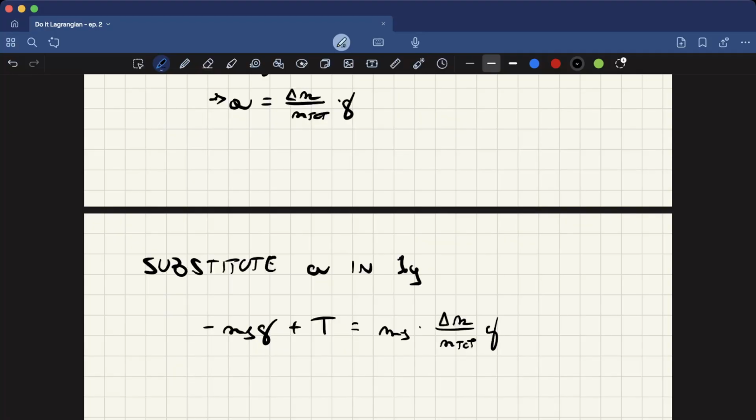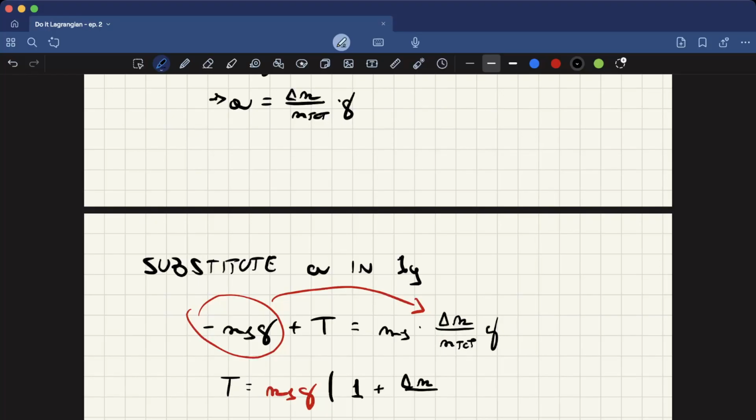So we can now isolate the tension, so T will be equal to, we are going to transport this term on the other side of the equation, and we will have m1 times g, which is common to both the terms, times 1 plus delta m over the total mass.